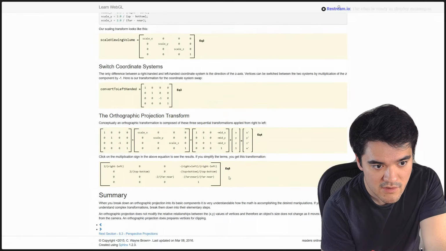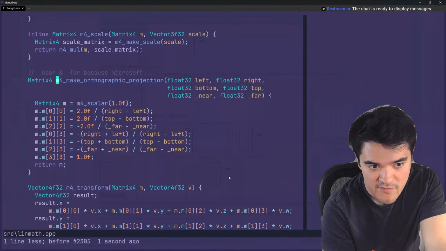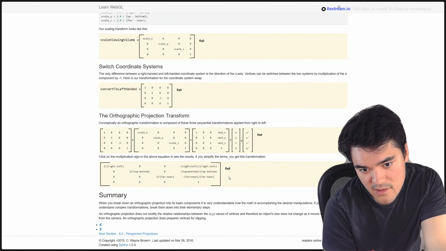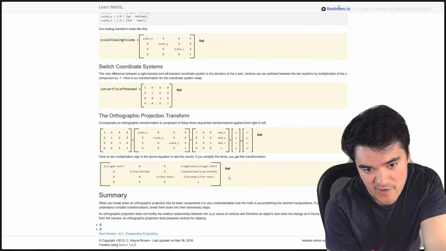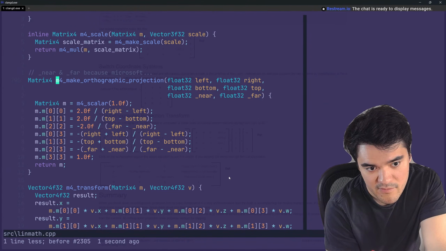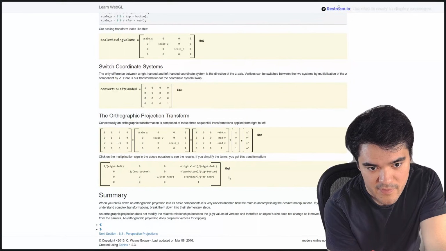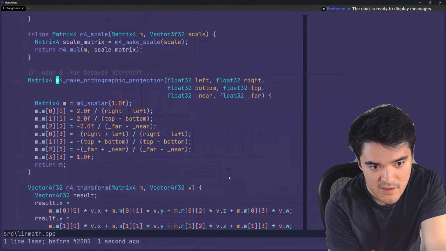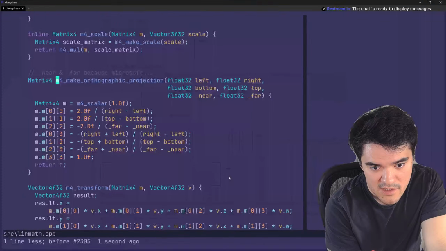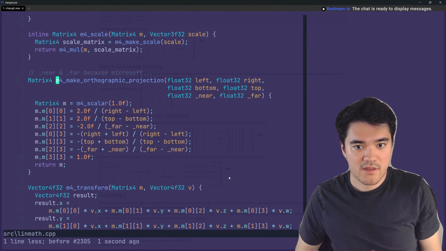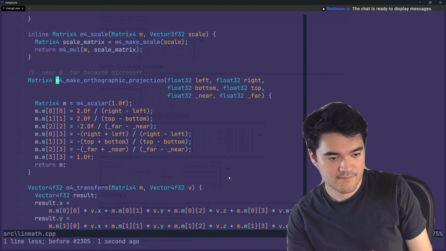And then negative right plus left divided by right minus left. Negative top plus bottom over top minus bottom. Negative far plus near divided by far minus near. And then 1. Okay, that all seems correct.